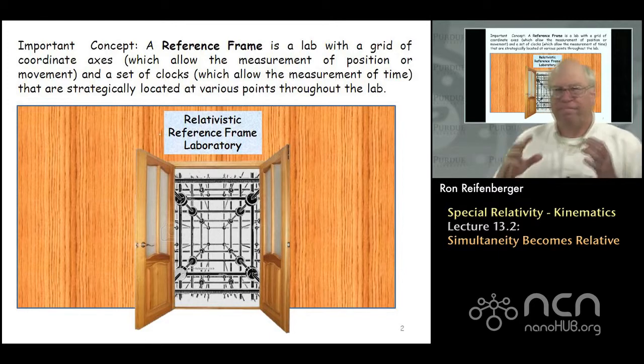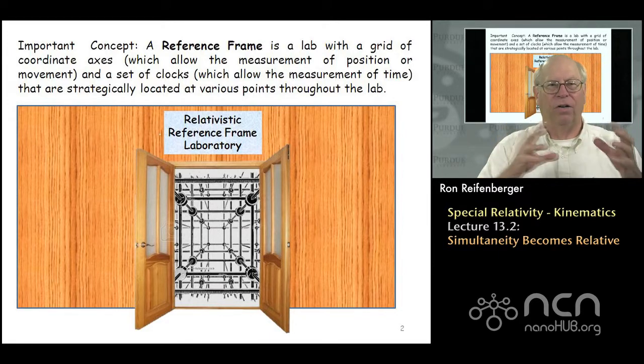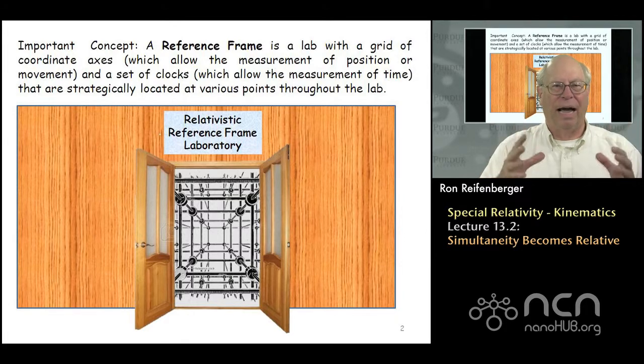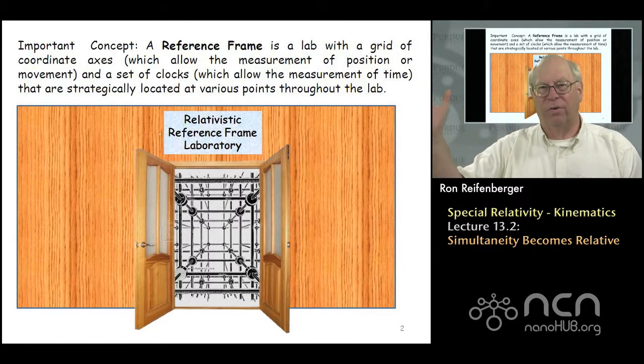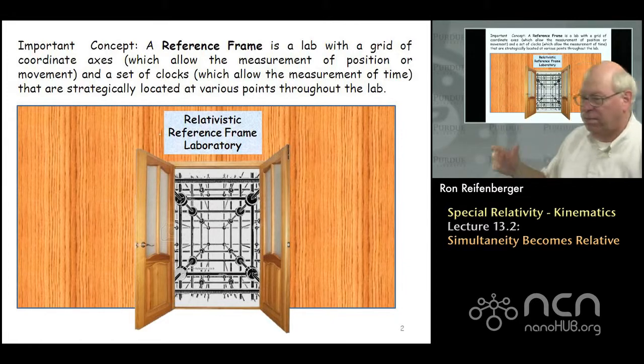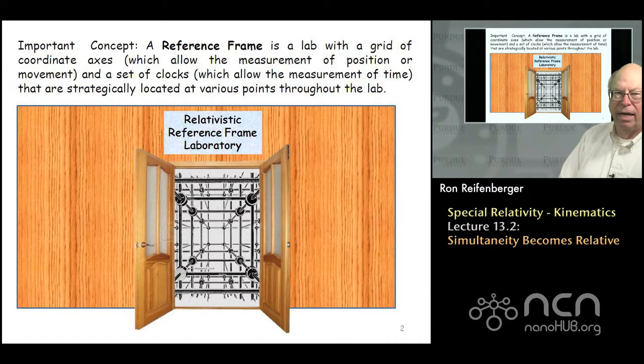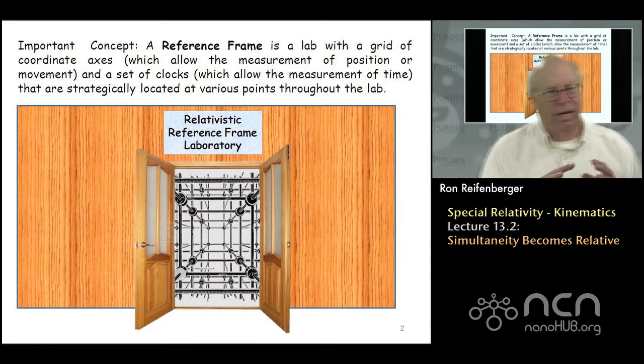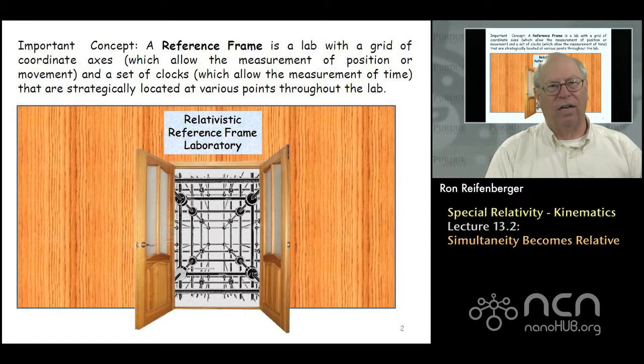A lot of these experiments are thought experiments, and they rely on your ability to measure position and time at different points in space and compare that to another reference frame that moves by at a speed comparable to the speed of light. How do you make those measurements? You make them by building some sort of a relativistic reference frame laboratory. That's an underlying theme of all these discussions.